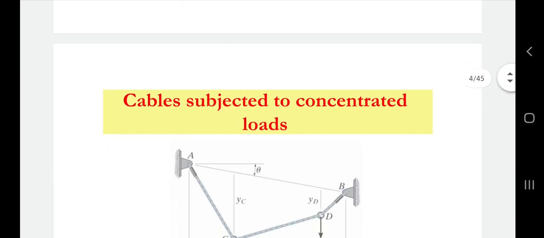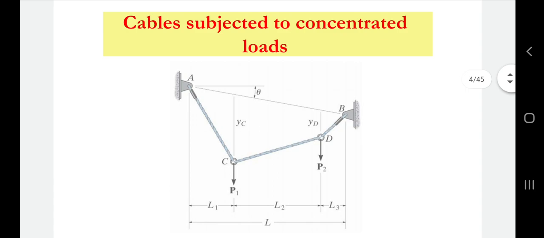Now, cables subjected to concentrated loads. While analyzing the cables, one thing should be clear that the cables are not extensible. Their total length will not be extended whatever the load applied on that cable.